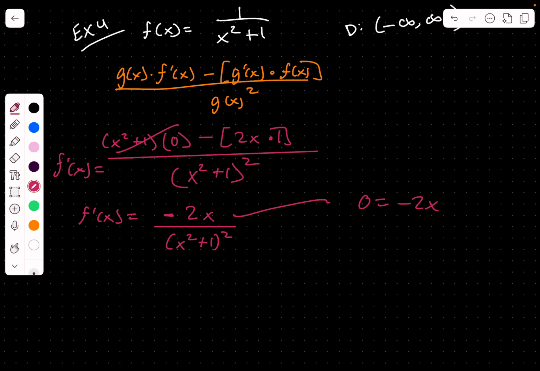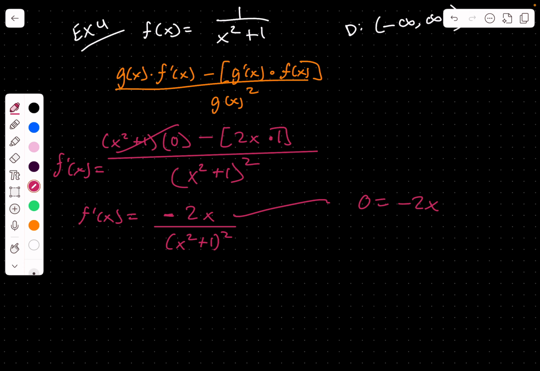So why do we only set the numerator equal to 0? Because we will get f prime of x equals 0, but the denominator cannot be equal to 0 because then the whole derivative becomes undefined, right? So therefore, that's why you only do the numerator. You do not set the denominator equal to 0 because it will be undefined. It won't work. So our critical values are only going to come from the numerator.